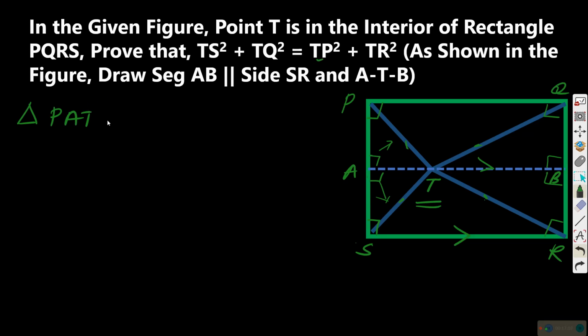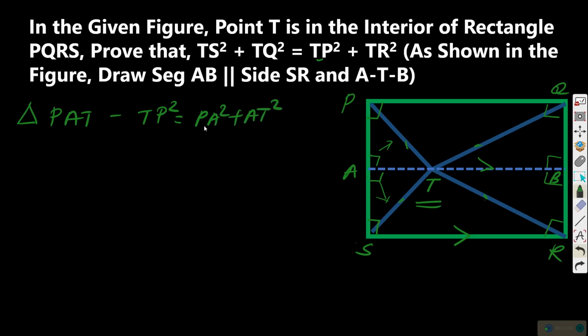We will consider all those 4 triangles now which are right angle, because TS, TP, TQ, TR are hypotenuse of those triangles. First triangle PAT, we can write TP square is equal to AP square plus AT square. Correct?